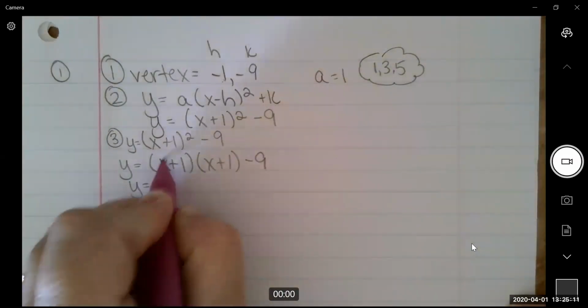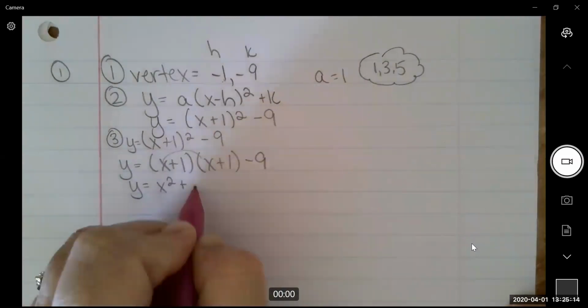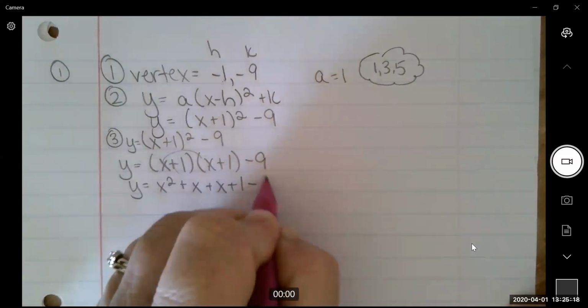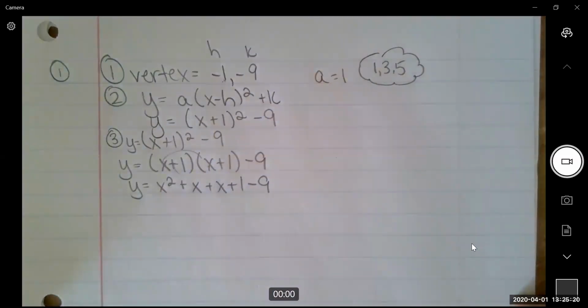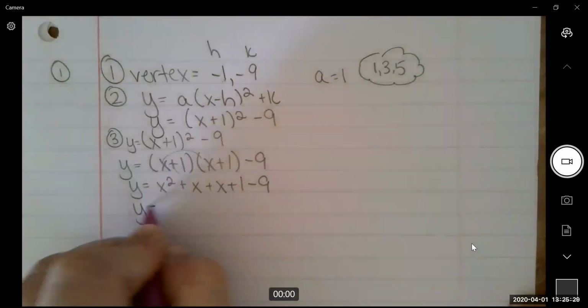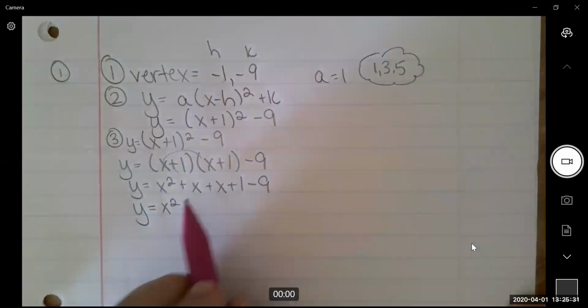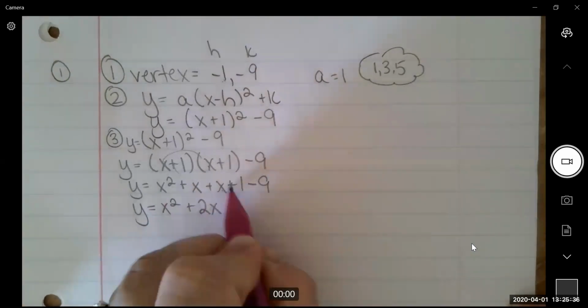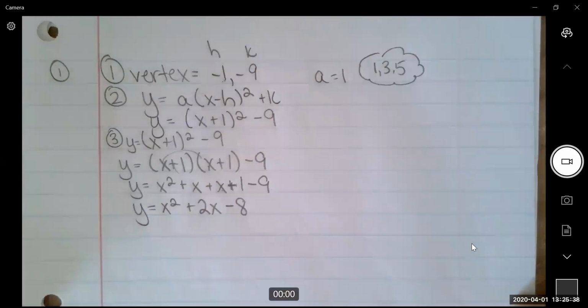So that's x squared plus x plus x plus 1 minus 9. From here, we're going to combine like terms. This is x squared. I have 1x, 2x. I have a positive 1 and a negative 9. So that is y equals x squared plus 2x minus 8.